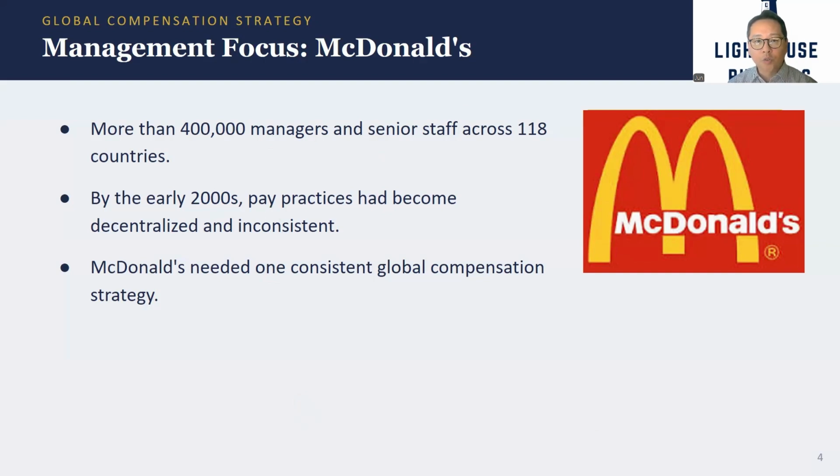McDonald's had grown to more than 400,000 managers and senior staff employees spread across 118 countries. Like many companies that expand into so many corners of the world, McDonald's found that its compensation program had become decentralized and inconsistent from country to country.